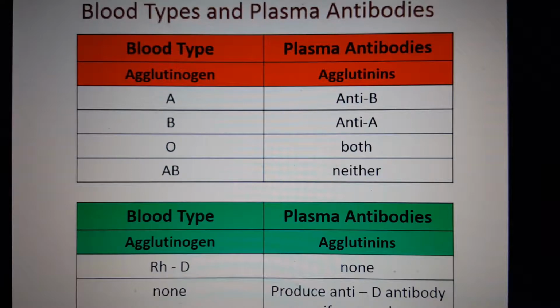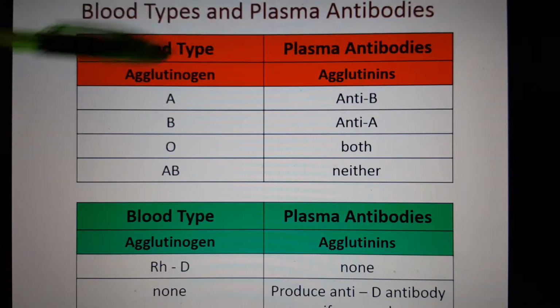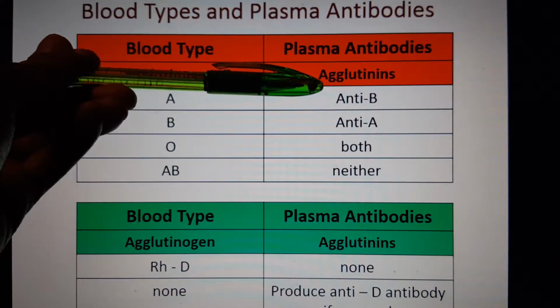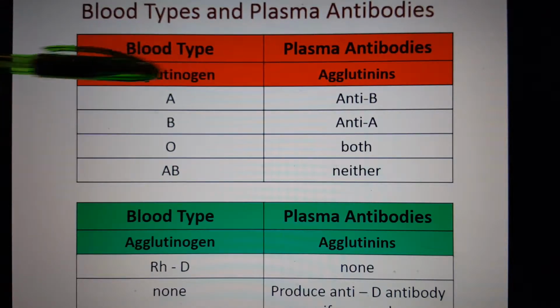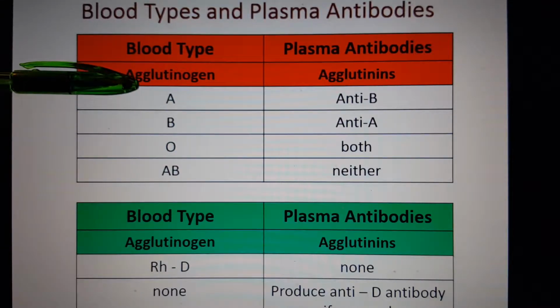As a protective measure, the blood types make antibodies against the other blood types. So your A blood type makes an agglutinin, which is a type of antibody, against the B agglutinogen, because it only has the A agglutinogen on the surface of its red blood cells.